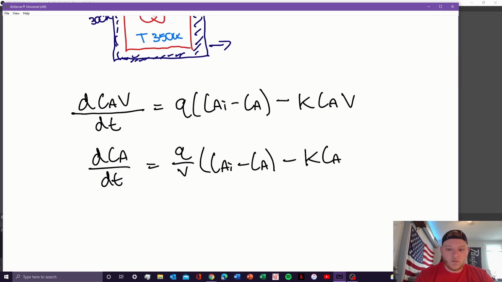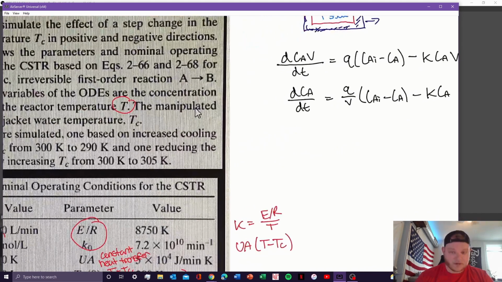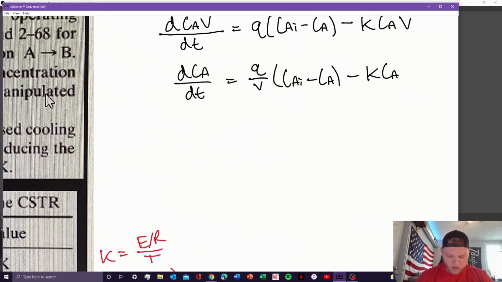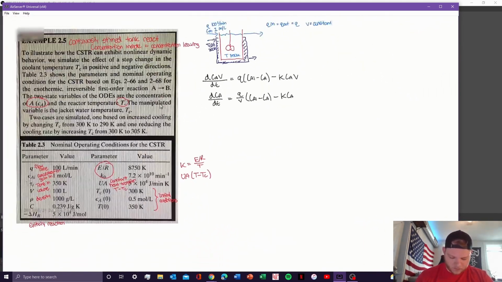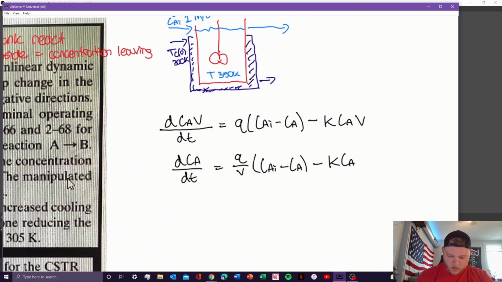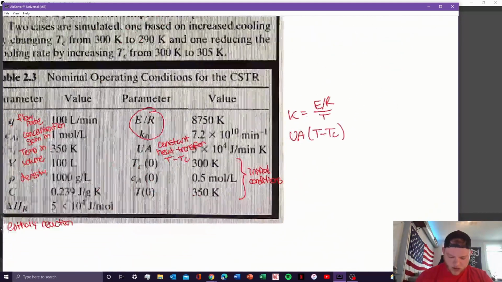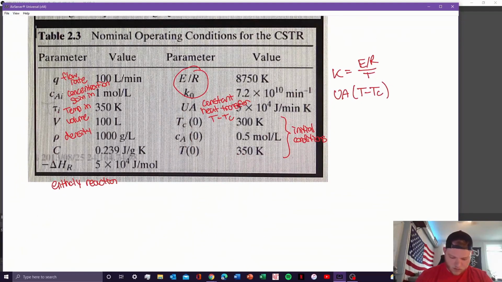So now we need to solve for the reactor temperature. In order to do that, we need to look at the energy of the inside of the system. The only thing that is relating to the energy on the inside of the system is the temperature. However, we have C. Now what is C?